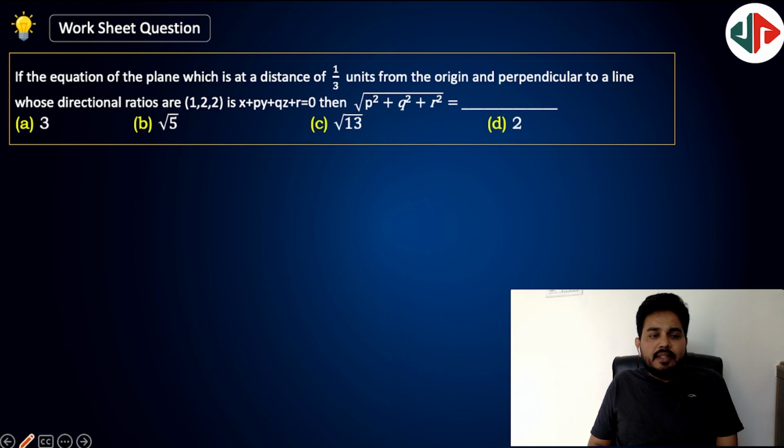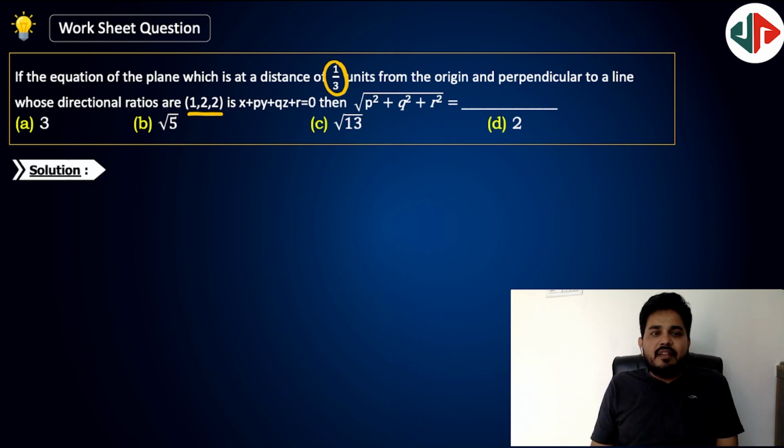So coming to the next question, if the equation of the plane is given at a distance of 1 by 3 units from the origin perpendicular to the lines this. So these are the DRs of the normal of the plane.